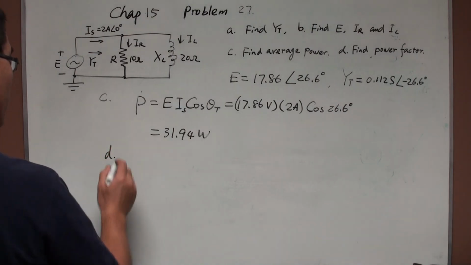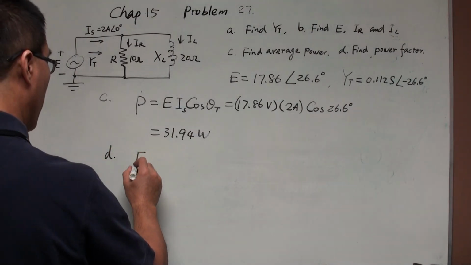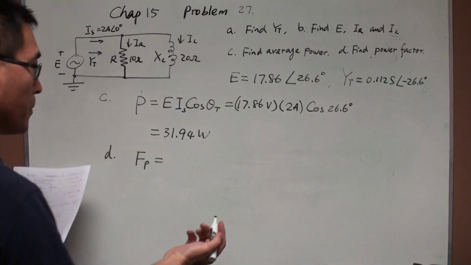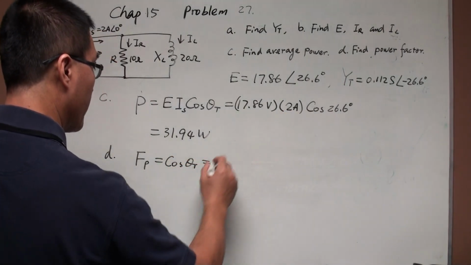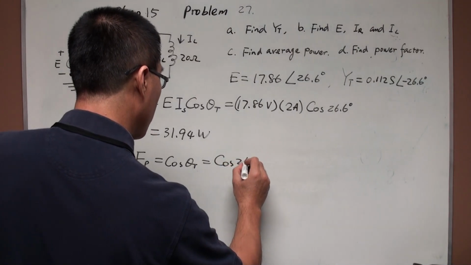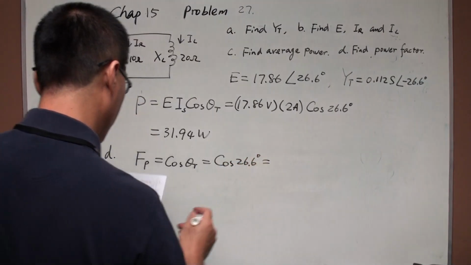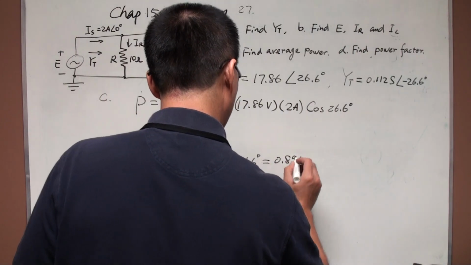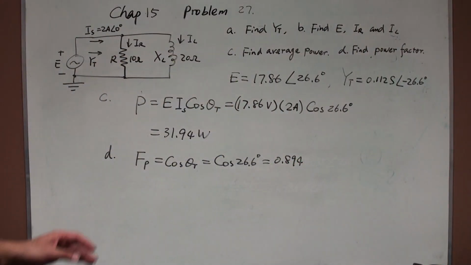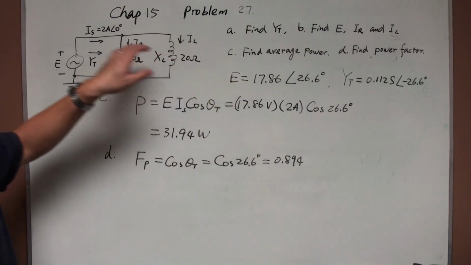Okay. So finally, we want to find the power factor FP, and we know FP is cosine theta t. So that is cosine of 26.6 degrees, and if you do the calculation, it's 0.894. And look at the voltage and the current.